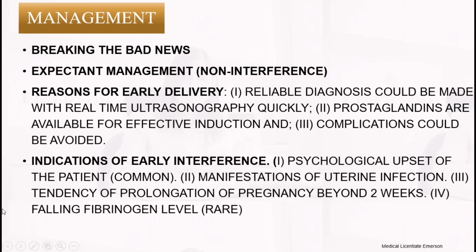Then what are some of the indications for early interference? You can have psychological upset of the patient, which is the most common indication. We can have manifestations of uterine infection, tendency of prolongation of pregnancy beyond 2 weeks, and also falling fibrinogen level, which is a rare indication.